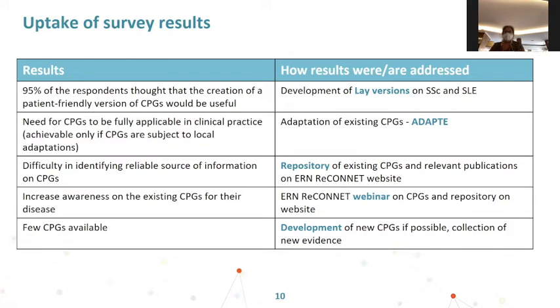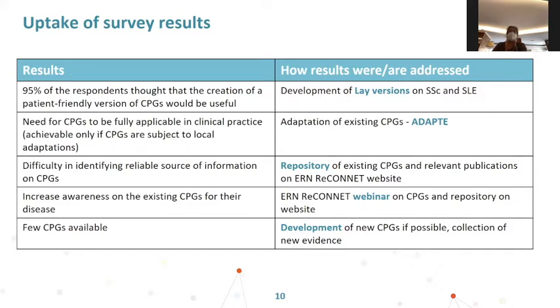The result is the repository of existing CPGs that you can find on the ERN ReCONNET website, and consider that also ePAGs are asked to provide references of useful CPGs to be updated on the website.